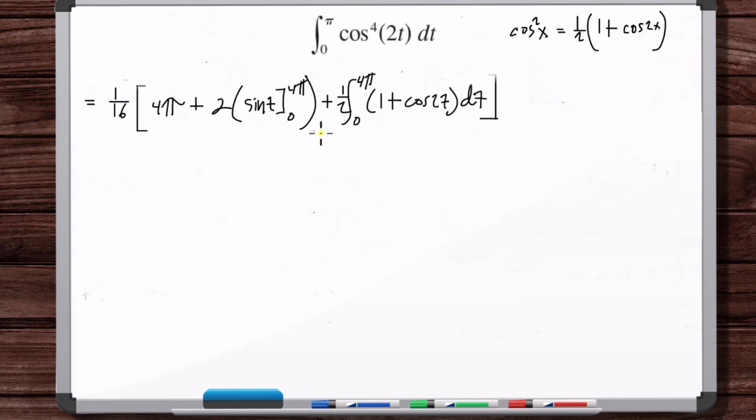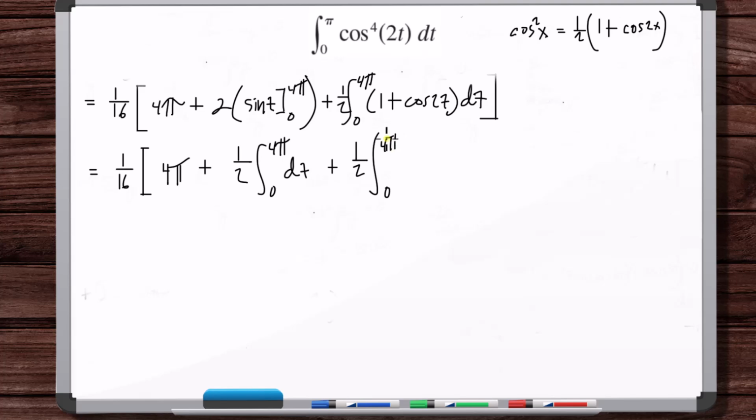Okay, now we can erase everything else because we don't have to back substitute, because this is a definite integral. So we've got 1/16 times 4 pi plus, so here sine of 0 is 0, sine of 4 pi is 0, so that goes away. Then we've got 1/2 integral 0 to 4 pi dz plus 1/2 integral 0 to 4 pi cosine 2z dz.